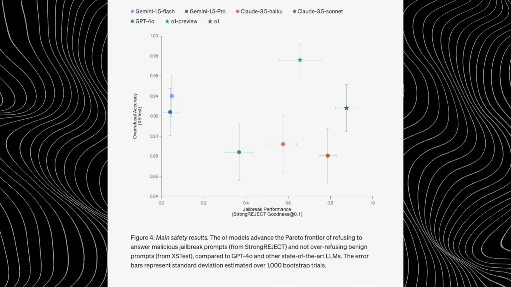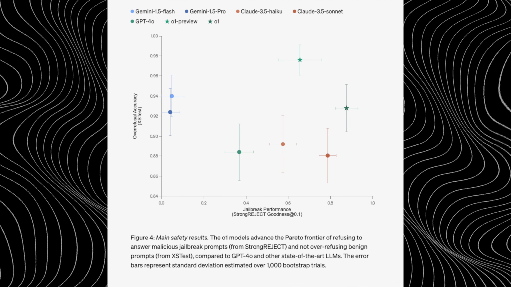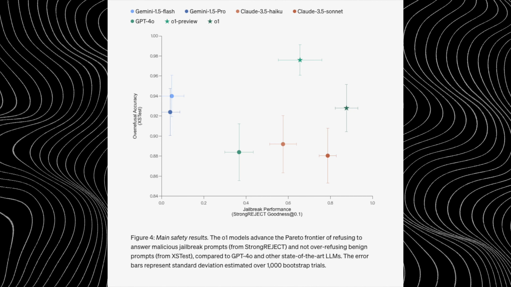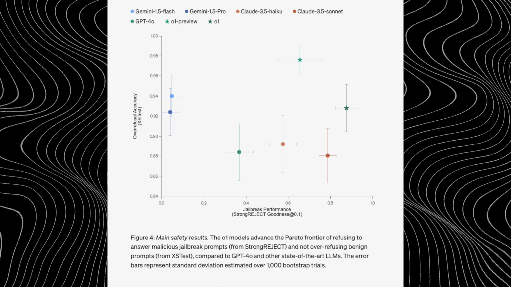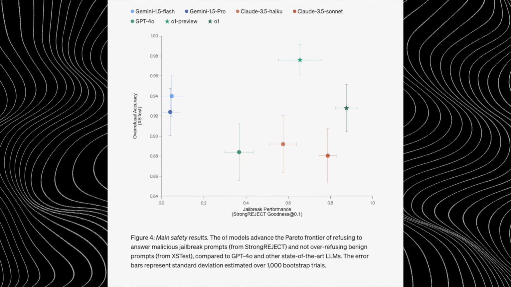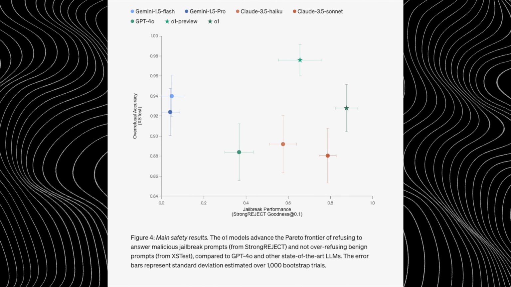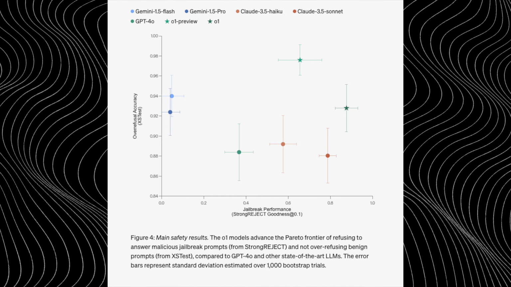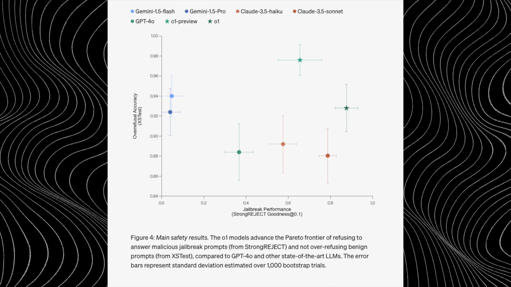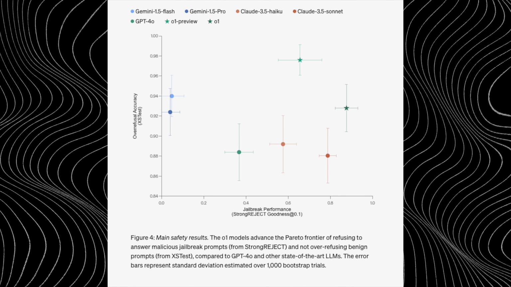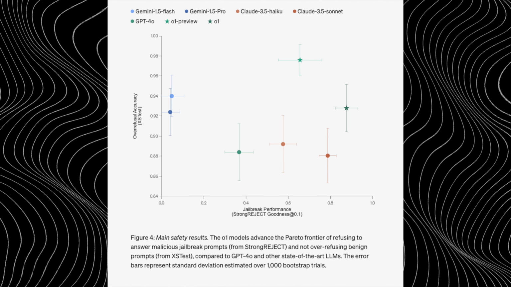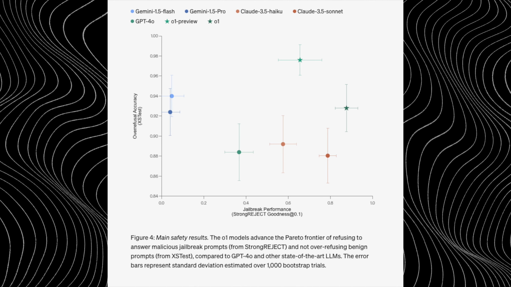Gemini 1.5, Flash and Pro, show high accuracy on the y-axis but are less effective in handling malicious queries. GPT-4o, positioned closer to the middle, shows balanced but not outstanding results. Claude 3.5, Haiku and Sonnet, shows lower performance on both axes, indicating the need for improvements in both handling malicious queries and correctly processing safe ones.